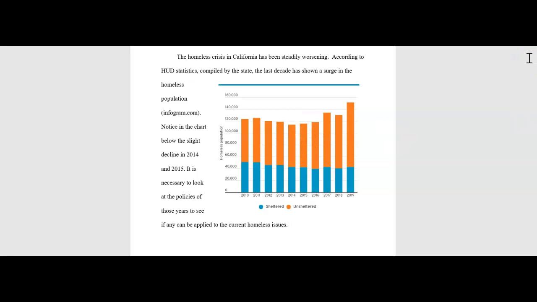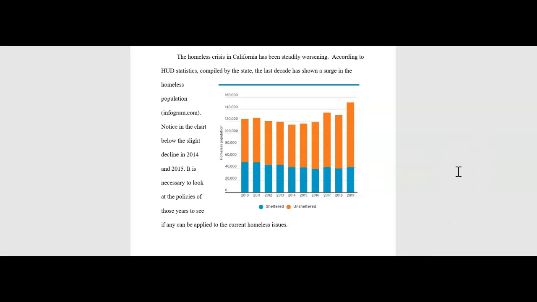It is necessary to look at the policies of those years to see if any can be applied to the current homeless issues. So this is explaining to the reader this graph. This graph shows statistics. It shows a decade, and I have already showed where it came from, and I will make sure that I include in EasyBib the exact information about this image.